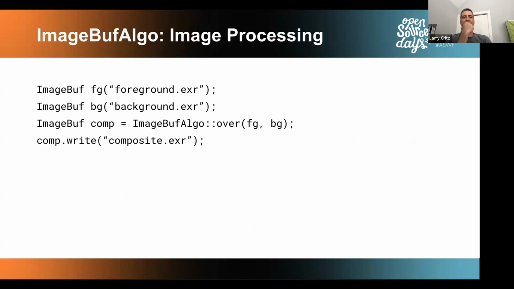What this looks like is you are just instantiating an ImageBuf, maybe telling it the name of where that is stored in a file, but then that's it. There are no other color things.